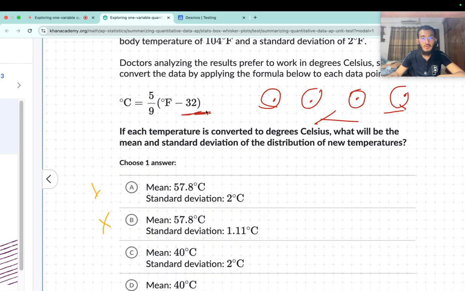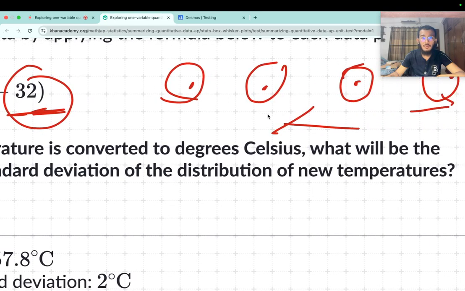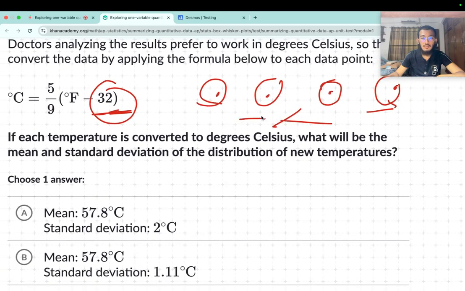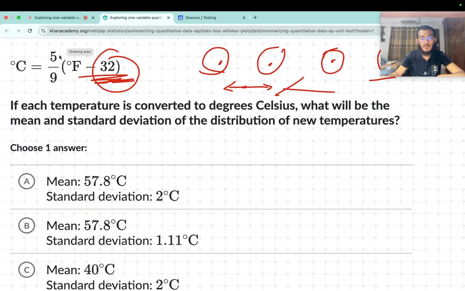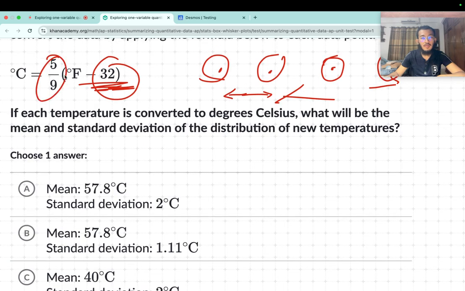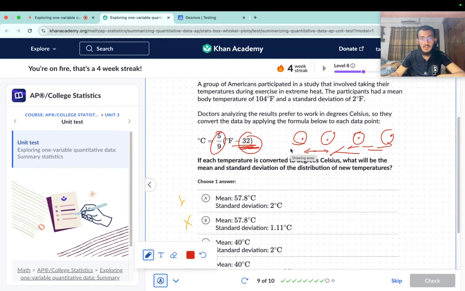Here we subtracted, so we are moving it to the left. But if we multiply each data point by a number, then the standard deviation does change, because the data gets more spread apart.